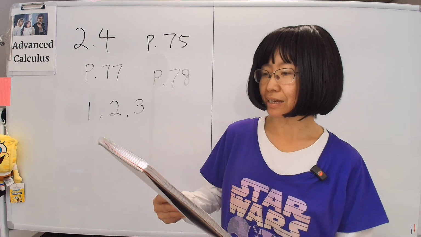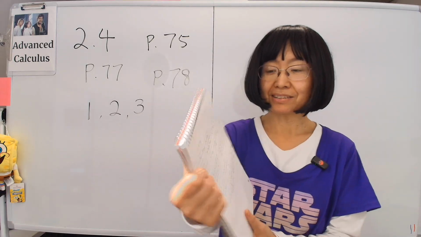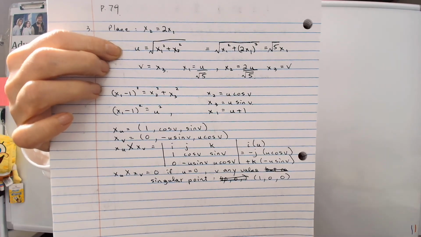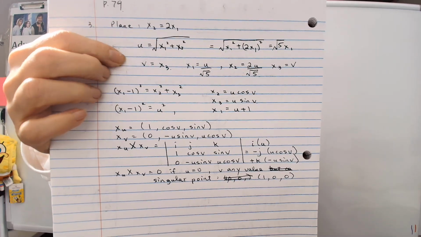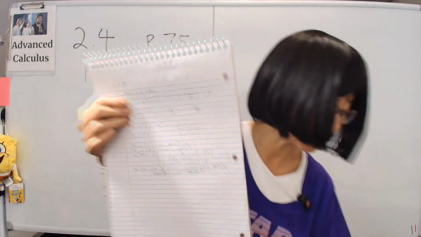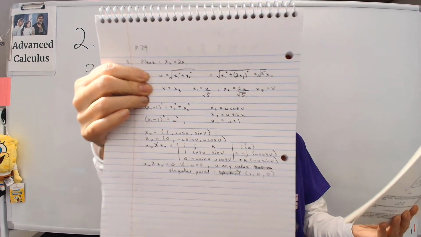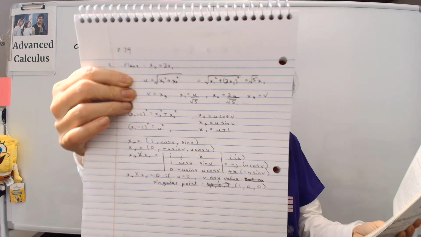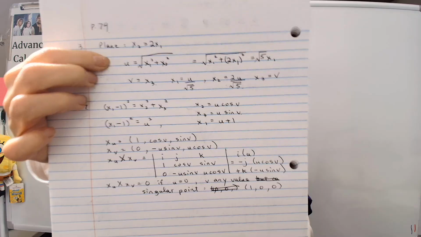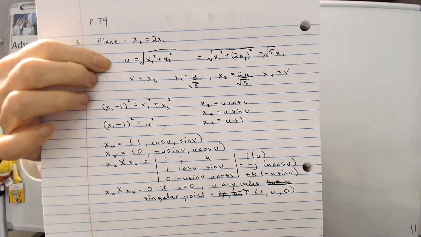What does that mean? It's saying that u and v respectively represent the algebraic distances. So u is the distance to the x3 axis, and v is the distance to the x1, x2 plane, the xy plane.